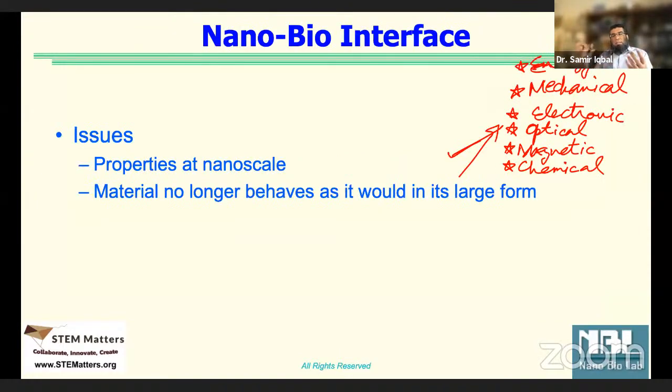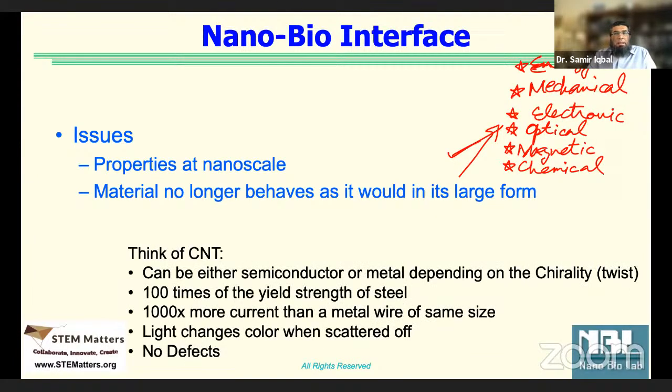So there are issues at that interface that we need to know, especially because the properties of those things are very different. If you look at a simple nanomaterial like carbon nanotube for that matter, which we have seen, there are many different issues. The energy on two sides is different. The mechanical properties are different.